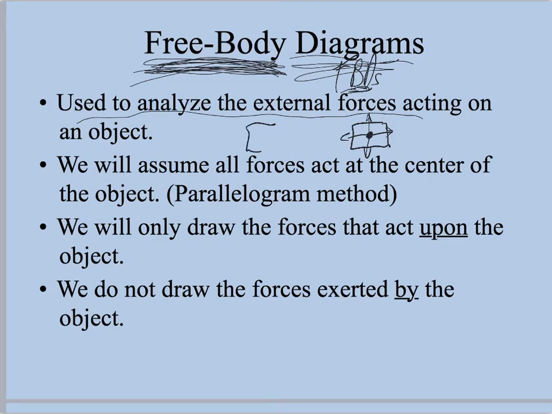It would look kind of odd if you drew one here and one out here and one here. It's just easier to understand if you draw it from the center. And again, only draw the forces that act on the object, not by the object. We're going to go through a bunch of practice ones here and hopefully become really, really good at it by the time we're done with this video.